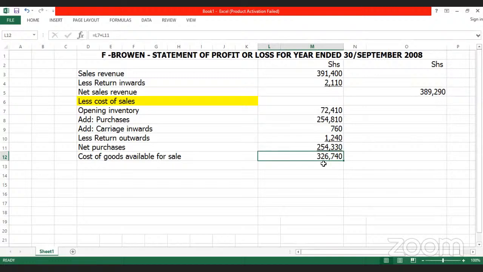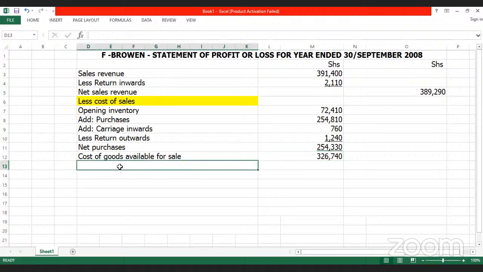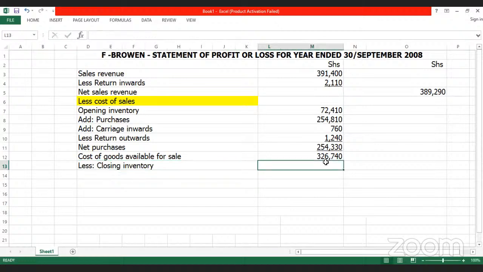After getting that, we can less the unsold goods at the end of the year. That is less closing inventory. Closing inventory, you'll find it in the additional information. So how much is the closing inventory as per the additional information?